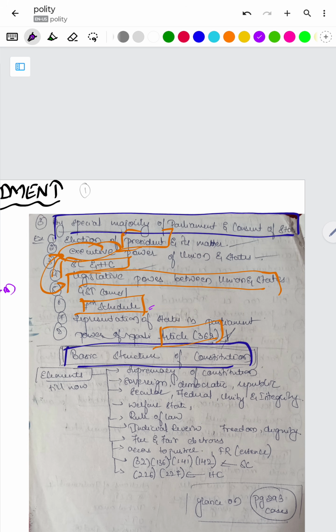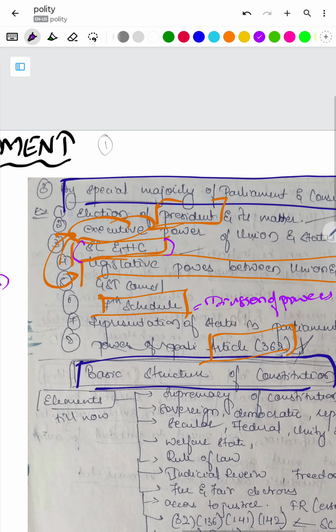Next, if you see seventh, what is the seventh schedule? Let me check. The seventh schedule is division of powers, I guess. Yes, it's division of powers. High Court and Supreme Court belong to both of them, so it needs ratification.